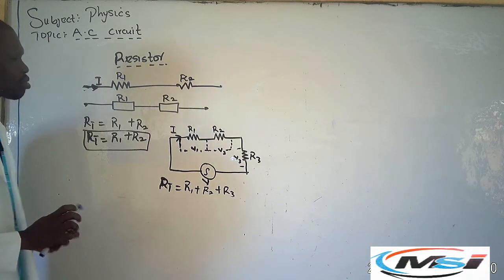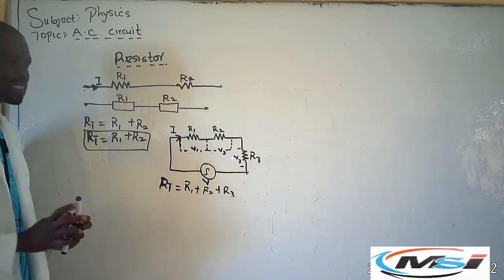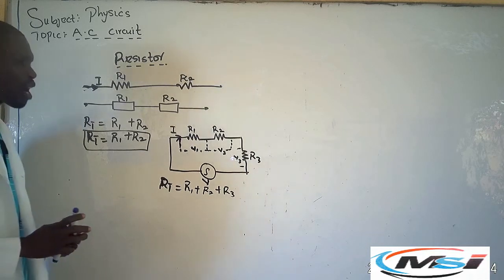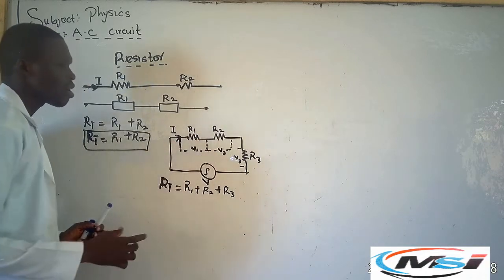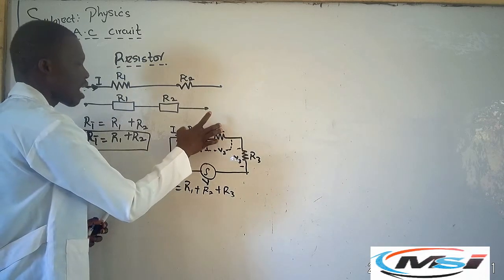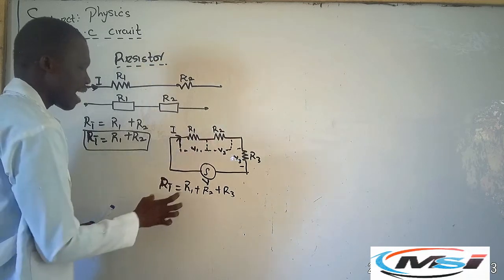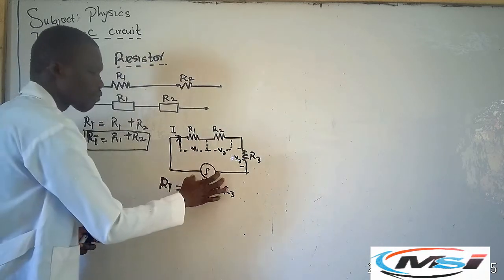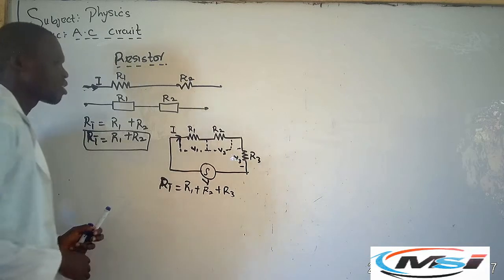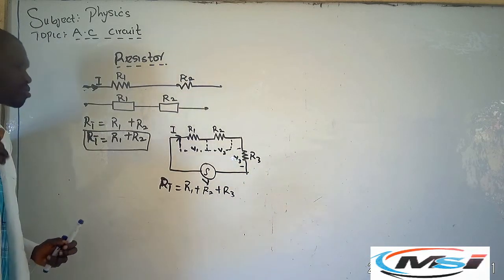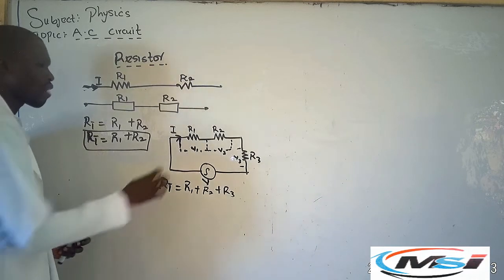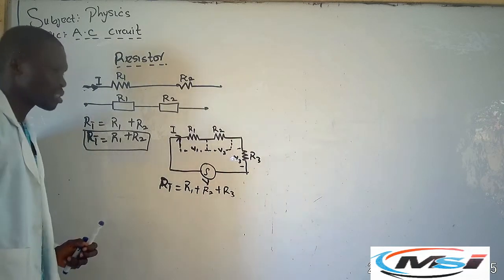Now, I want to give you a very simple example of how you can find the current flow through the circuit when resistors are given to you and you have your voltage here. So let's take a look at this and see how to find the current that flows through the three resistors.